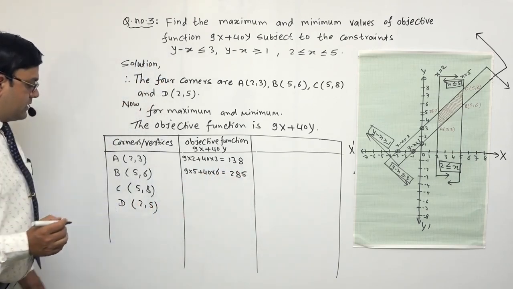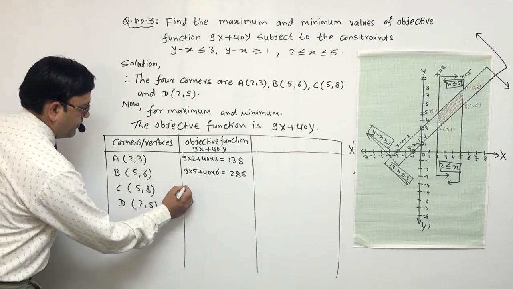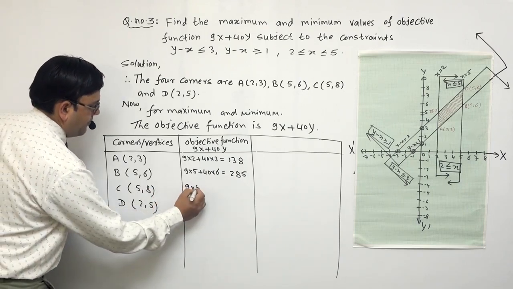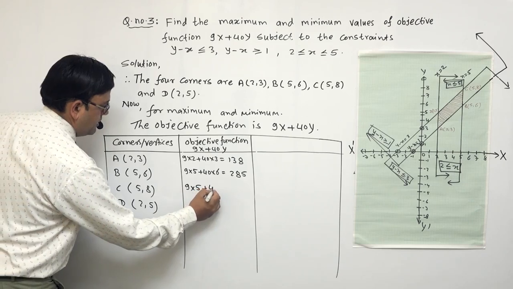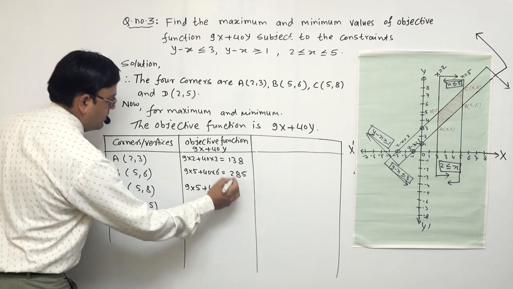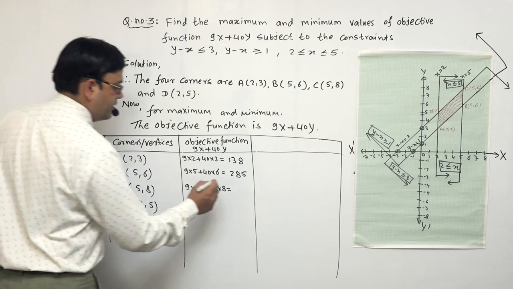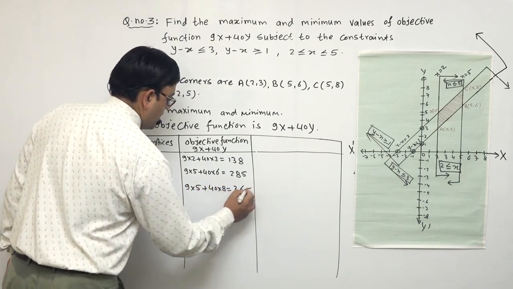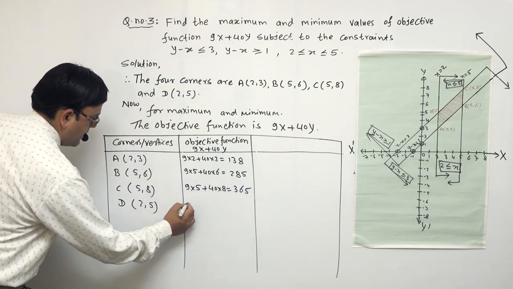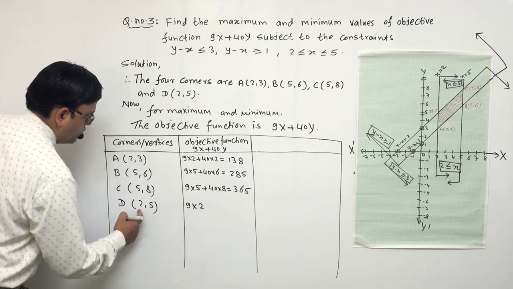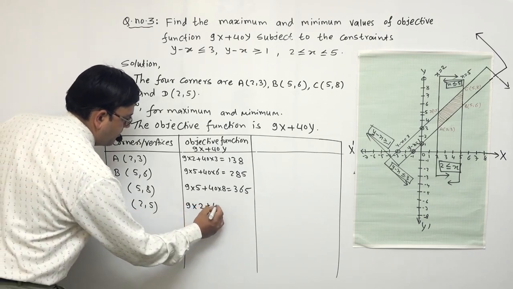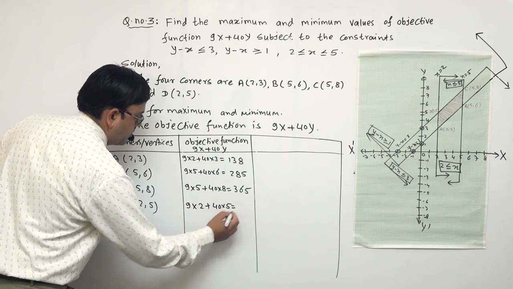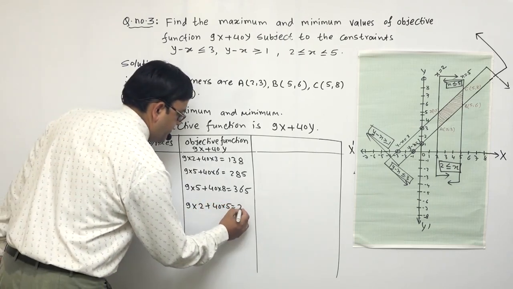And the next one is 9 times x is 5 plus 40 times y is 8. This is equals to 365. And the last one is 9 times x is 2 and y is 5. 9 times 2 plus 40 times 5 is equal to 218.